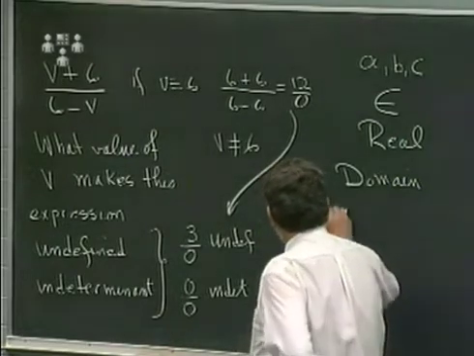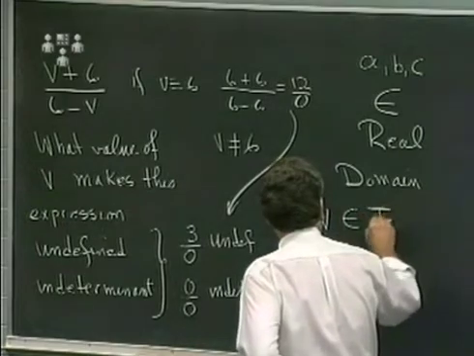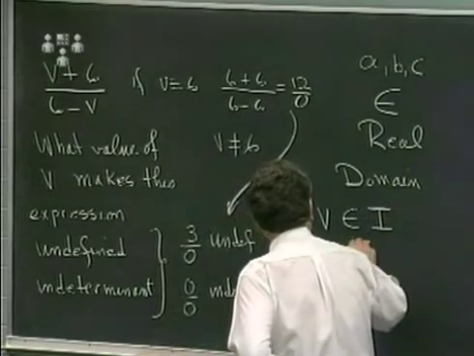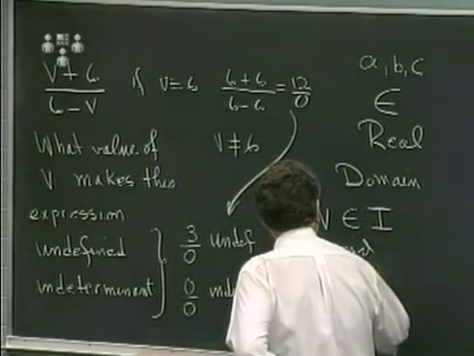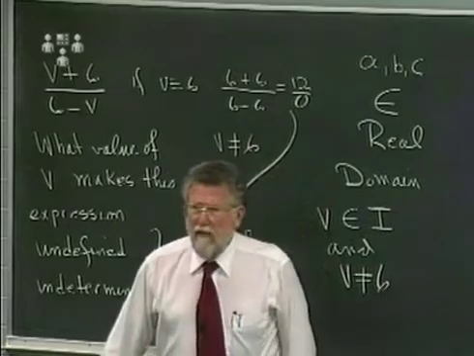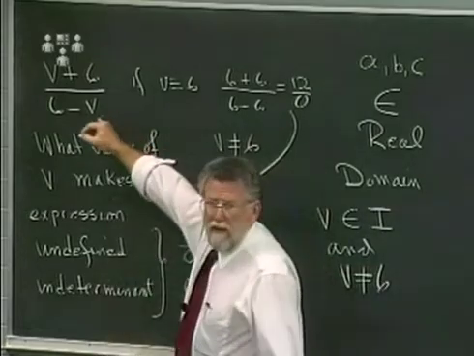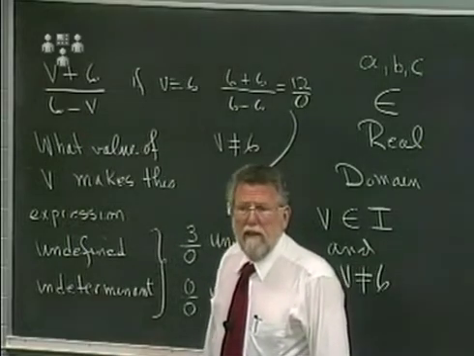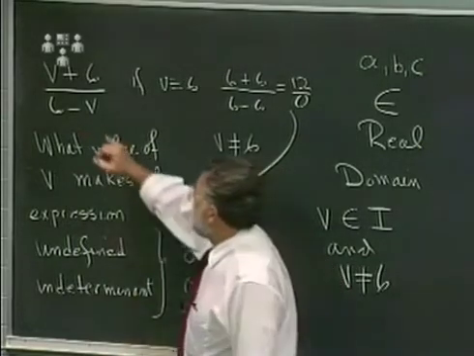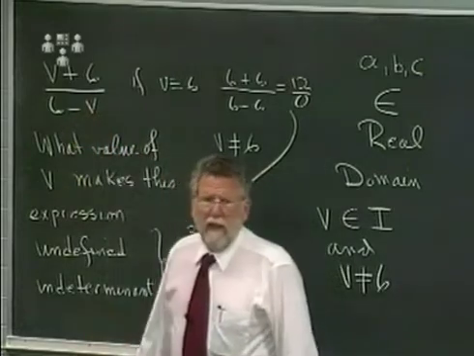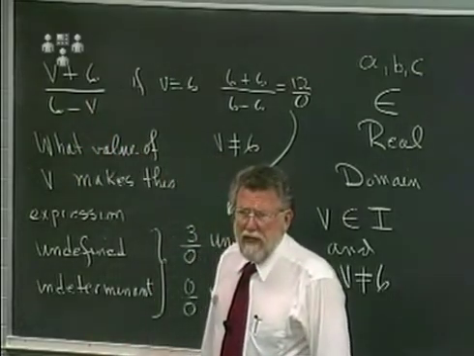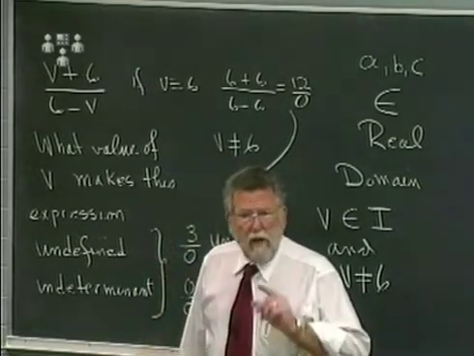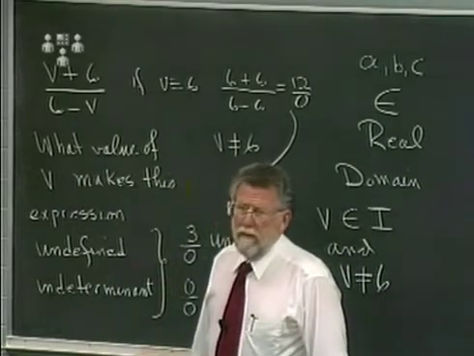So we could say b belongs to big I, that's the integers, and b not equal to 6. That's my restriction. And if I do that, this fraction can have anything you want substituted in for b other than 6. You can take any integer you want for b as long as it's not 6. That's going to become very important in algebra because we don't want a denominator that's equal to 0.